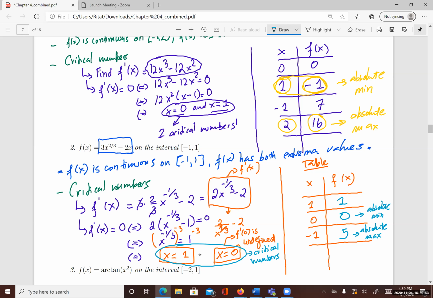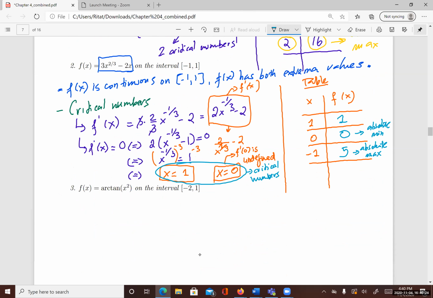So the absolute minimum value is 0 and it occurs at x equals 0. The absolute maximum value is 5 and it occurs at x equals -1. If we miss this critical value, then your answer would be wrong. If you didn't pay attention to where the derivative of f of x is undefined to find the critical numbers, then your answer could be wrong.